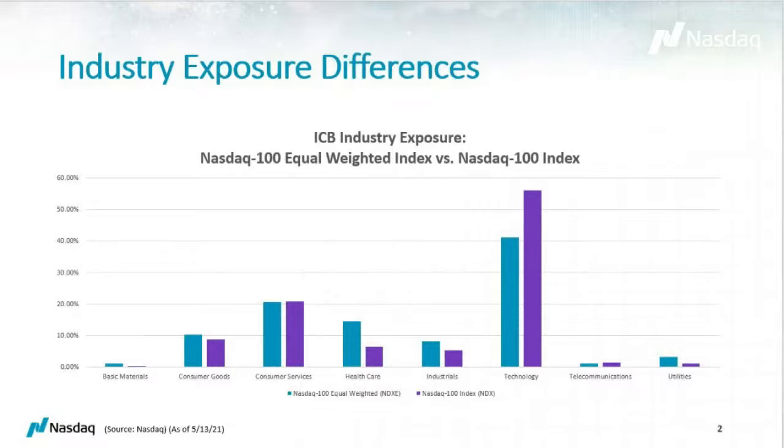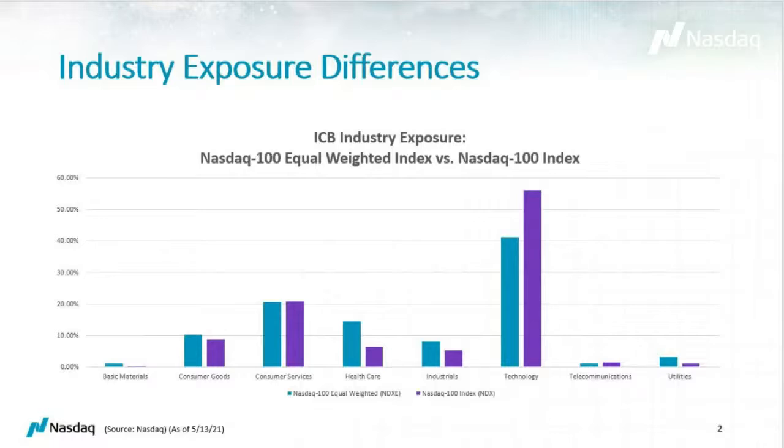I think the biggest difference is the technology weighting decreases when you equal weight this basket, and we see the healthcare and industrial exposure increase in the equal weighted version. While the Nasdaq-100 equal weighted is comprised of the same 100 companies as the cap weighted, there are going to be some differences from an industry exposure standpoint.